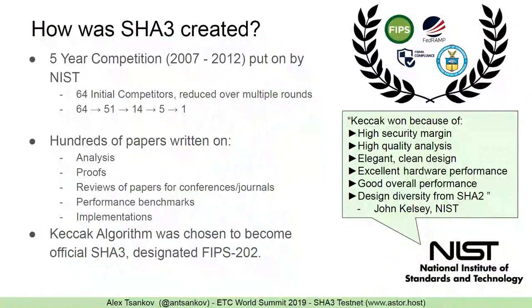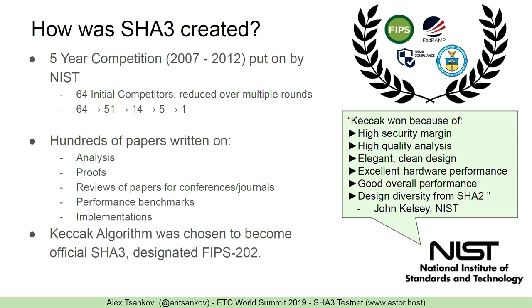So how was SHA3 actually created? Well, it was the product of a 5-year competition. It started with 64 initial teams, and it got narrowed down through individual rounds. They would have hundreds of papers written by universities all around the world looking at analysis, proofs, whether or not this is an efficient algorithm, reviews, performance benchmarks, and implementations.